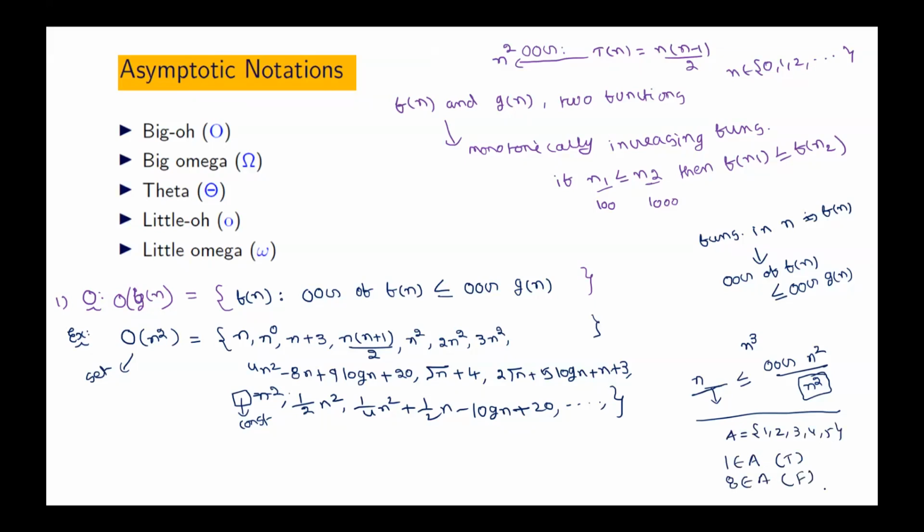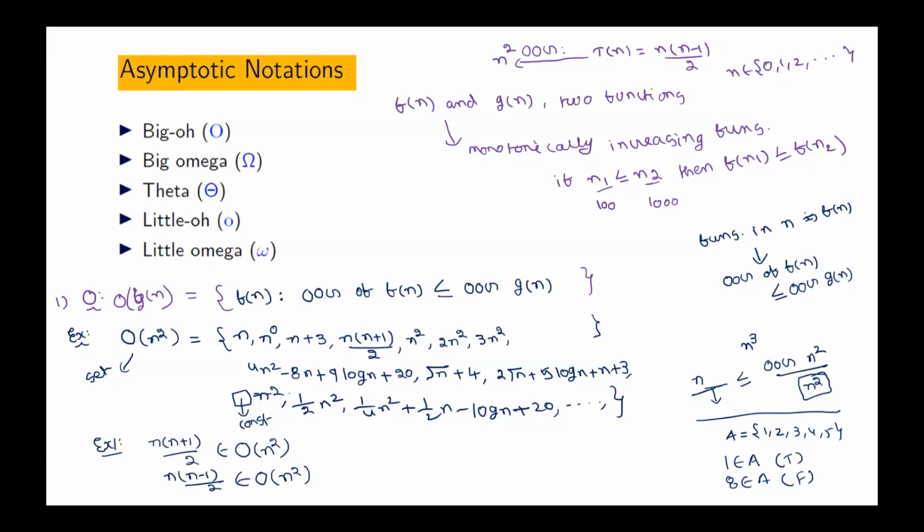No. Similarly here, can we write n into n plus 1 by 2 belongs to big O of n square? Is that true? Yes. n into n minus 1 by 2 belongs to big O of n square, is that true? Yes.